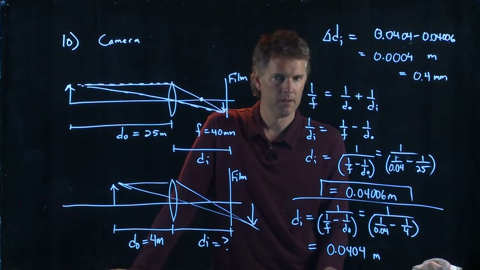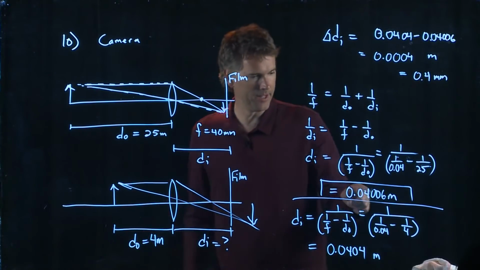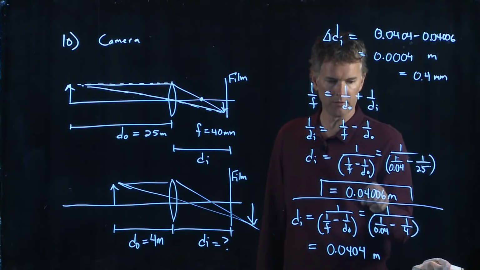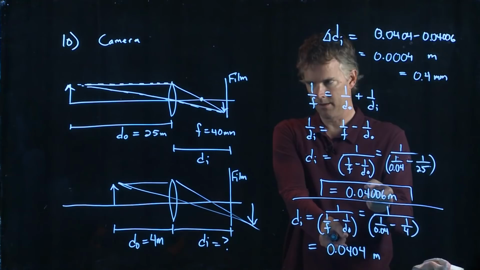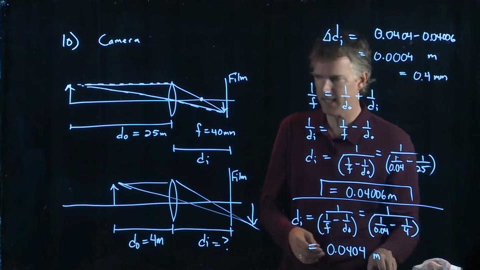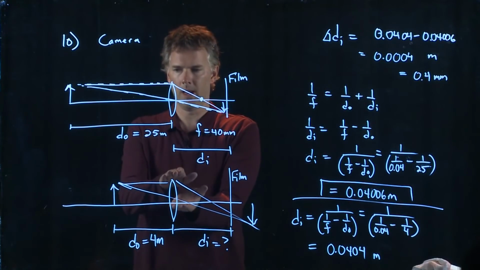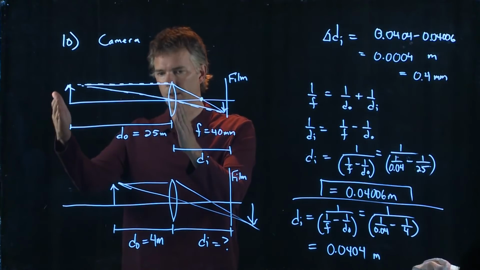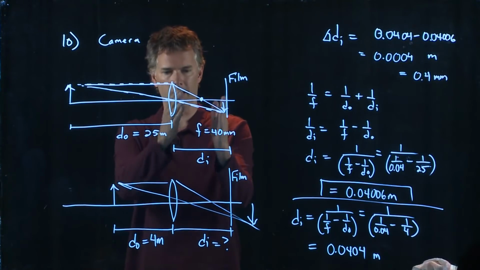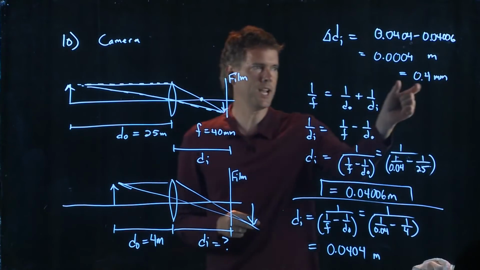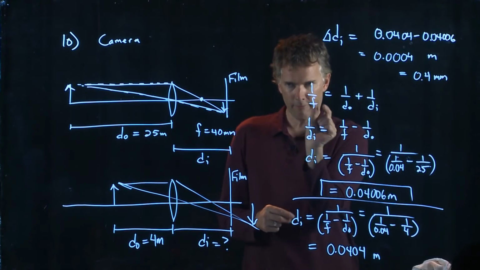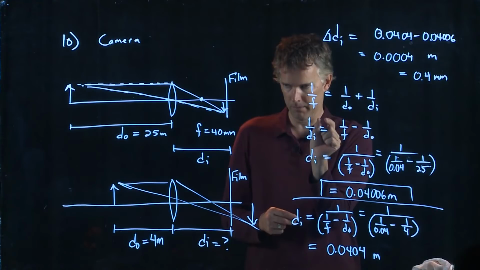So in fact, this is important to keep all these digits because those two are very close to each other. And this is kind of a neat idea, right? If I have a camera and I want to look at something very far away, 25 meters, I set it up. But now when that object's only 4 meters away, I only have to change that lens position by a fraction of a millimeter, a half a millimeter.